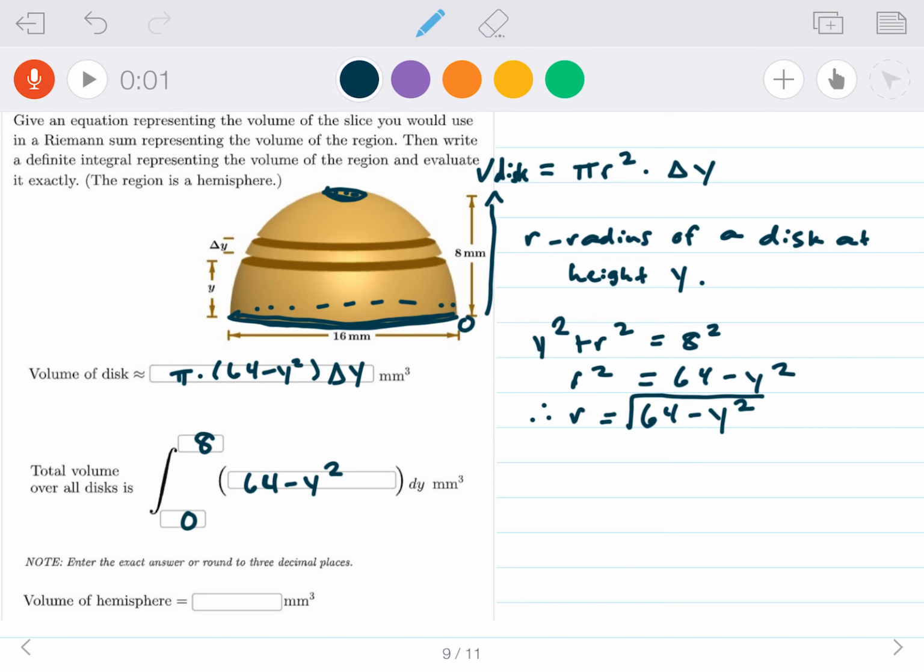Oh, and I should mention that we have pi times this. So let's evaluate this integral. If I pull out the pi in the front, I'm just left with the integral of 64 minus y squared dy.